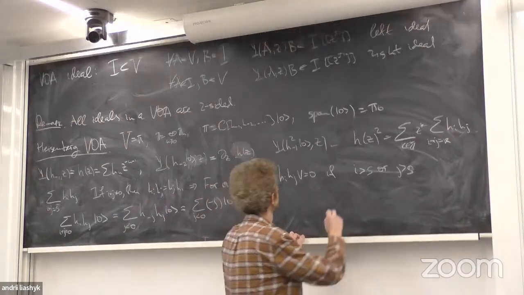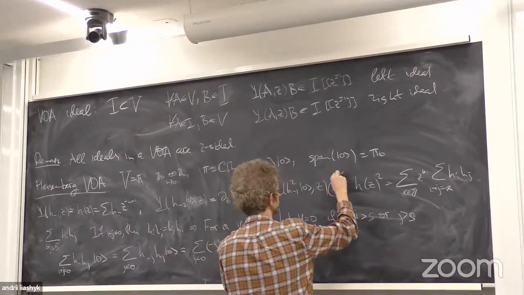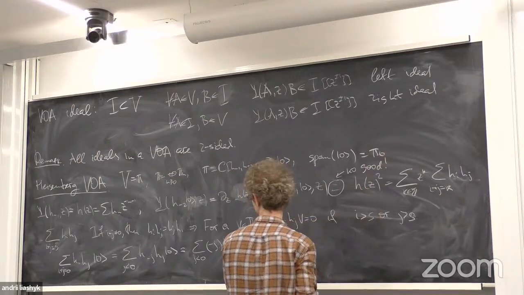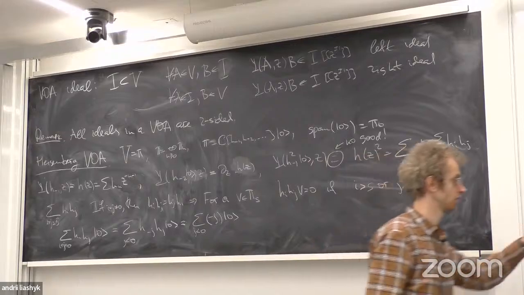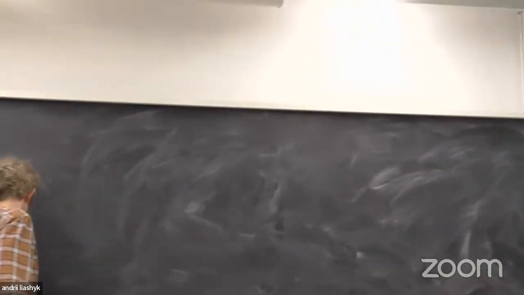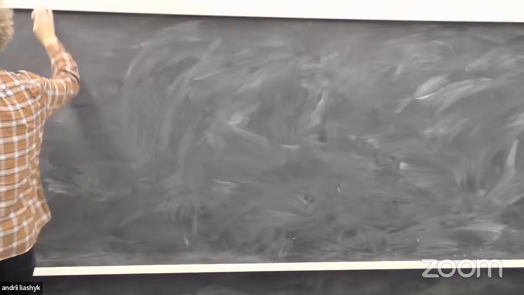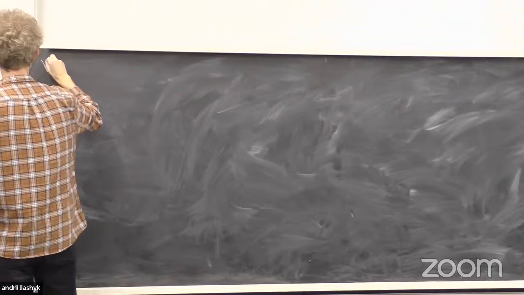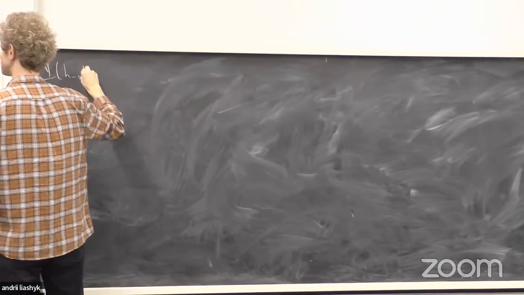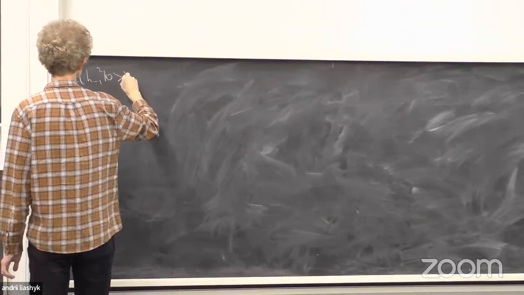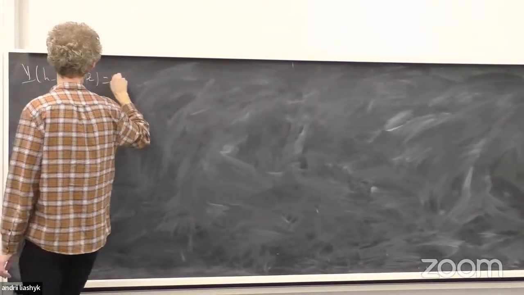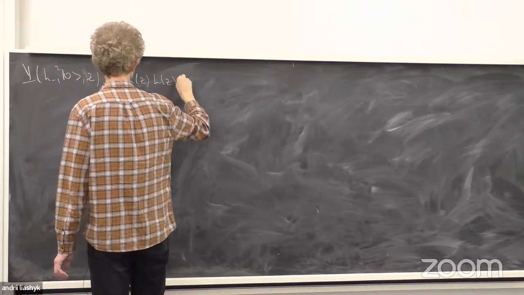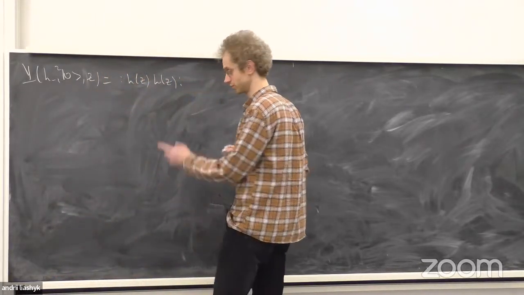So this means that this is no good. But in order to make it somehow nicer, we can write y of h minus 1 squared 0 z. We can define it as h of z, with these two dots on the left and on the right.